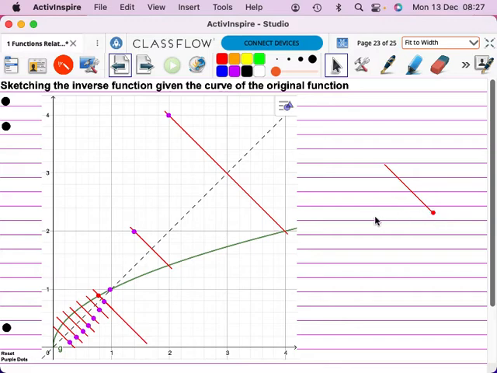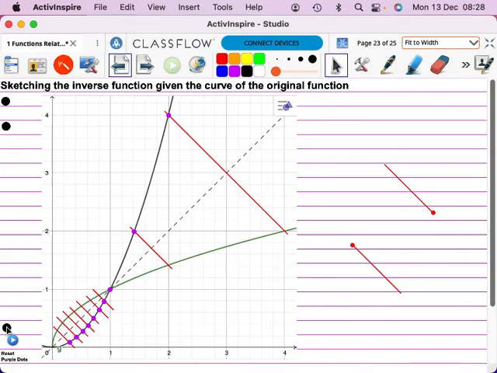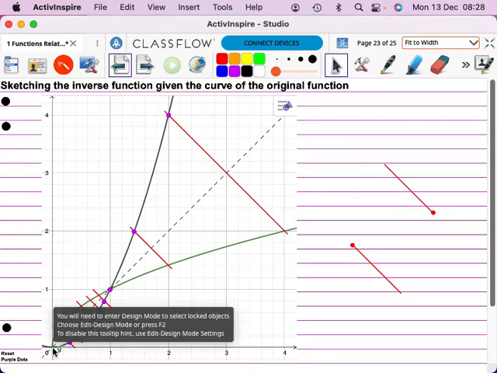When you've drawn all the reflection dots, you're in a position to draw the inverse function. Don't forget it has to go through the mirror line here because the original graph was going through the mirror line, so there should have been a dot here as well.